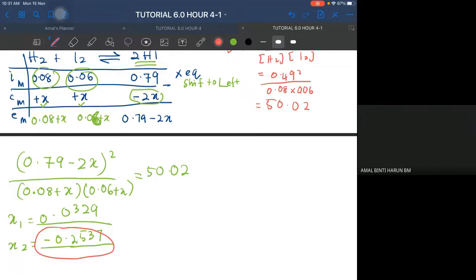So let's check the negative one by substituting. We take 0.79 minus 2 times negative 0.2537.